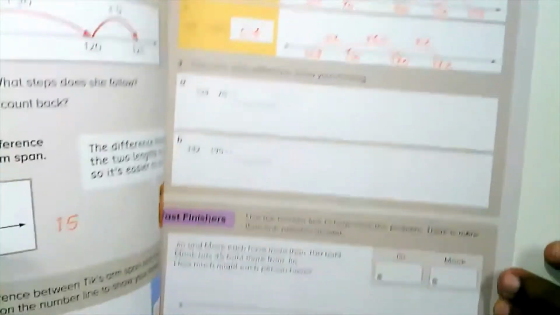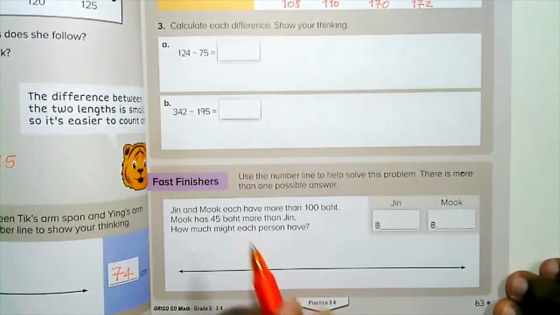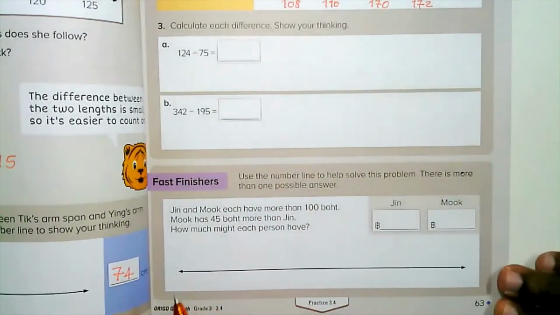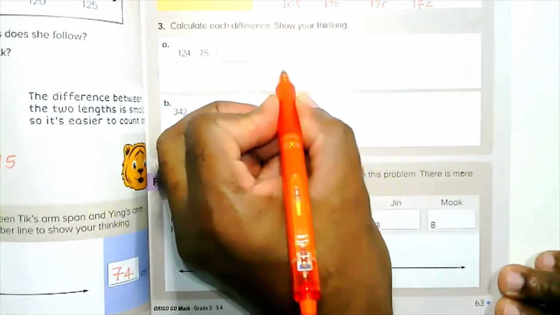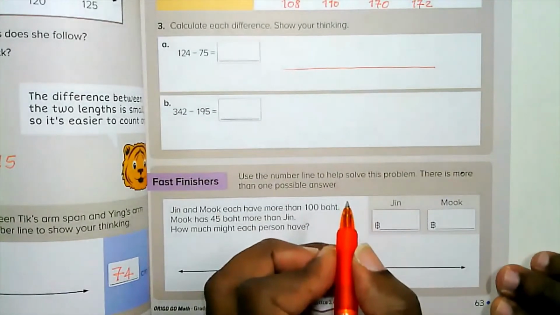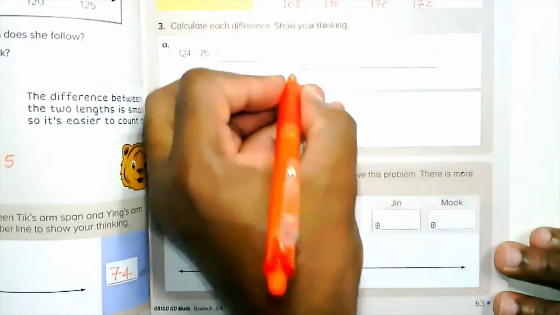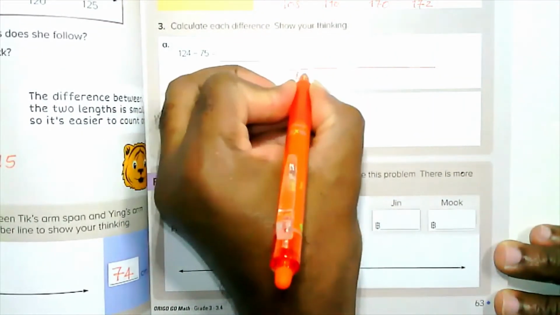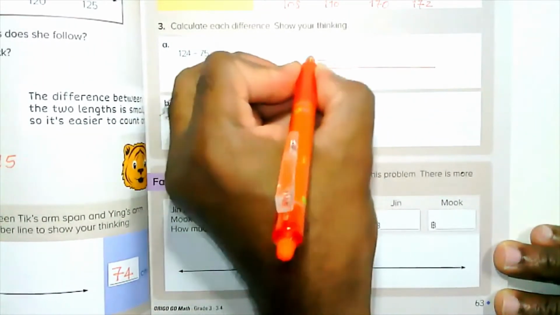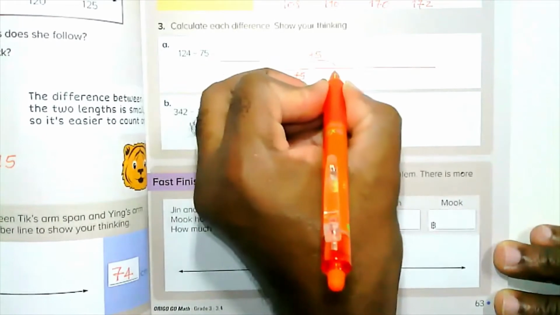Now number 3, calculate the difference, show your thinking. 75, make it a round figure, that is plus 5, will be 80.